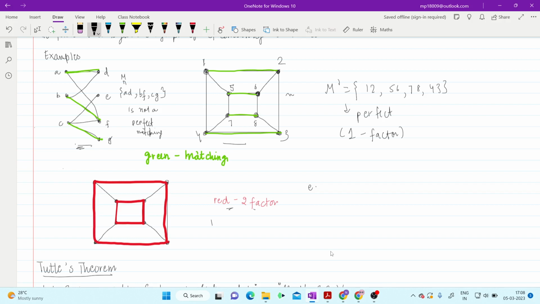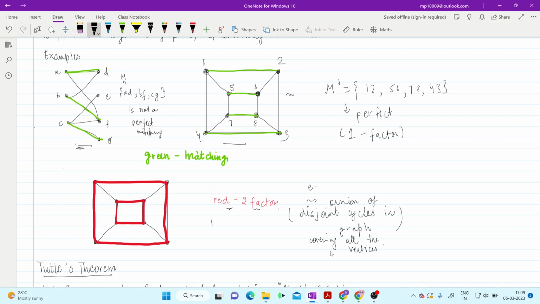In particular, finding a two factor in a graph is equivalent to finding disjoint cycles in the graph which cover all the vertices. So a two factor is basically a union of disjoint cycles covering all the vertices, because in a cycle each vertex has degree two.